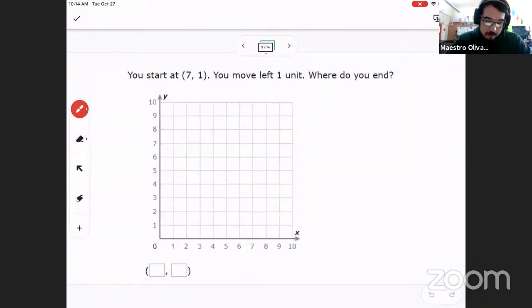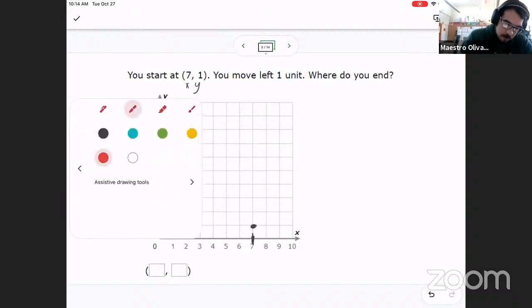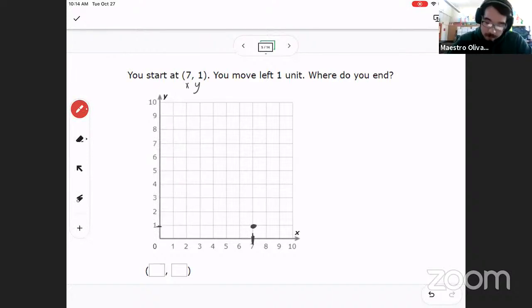We start at (7, 1), and we move 1 to the left. 7, right? Because this is our x and this is our y. 1. So that's my new point. I am moving 1 to the left. Left, right. So I need to go to the left. Somebody who I have not heard from. Kathy, I haven't heard from you today. What's my new point?